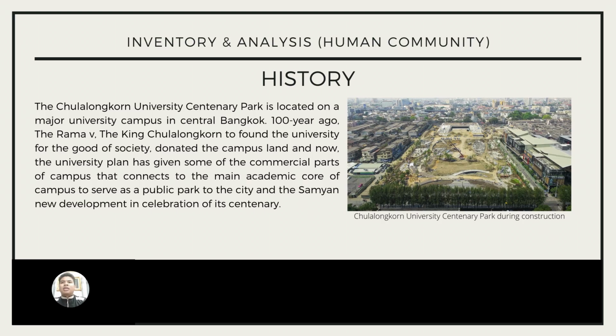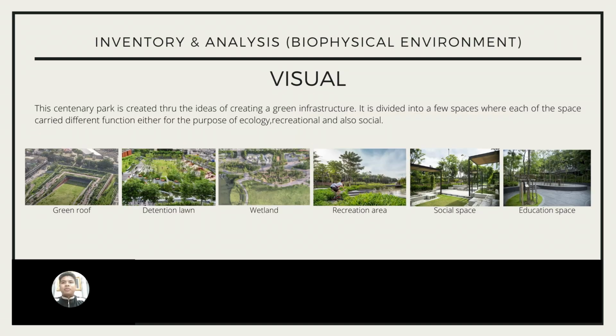Now the university has given some of the commercial parts of campus that connect to the main academic core to serve as a public park to the city and the Samyan new development in celebration of its centenary. The establishment of this park is also to celebrate the 100th year anniversary of Chulalongkorn University.